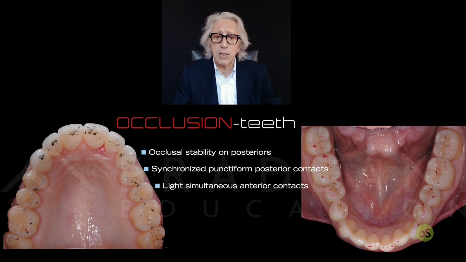Then, light simultaneous contact on anteriors, and having the chance to form a kind of anterior guidance that can disclude the posterior teeth during excursive movements. So it means that you have no interferences when you go right and left. So posterior disclusion is the last step, but a very important one.